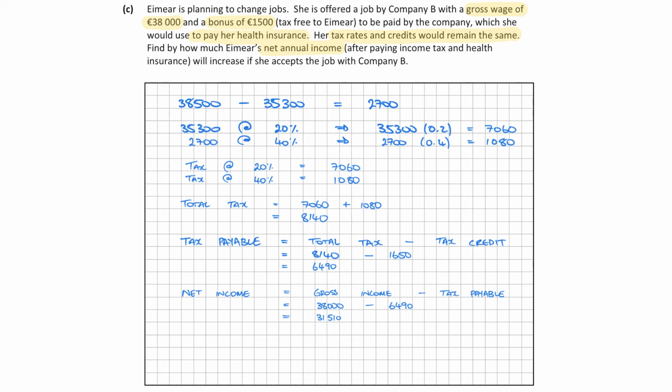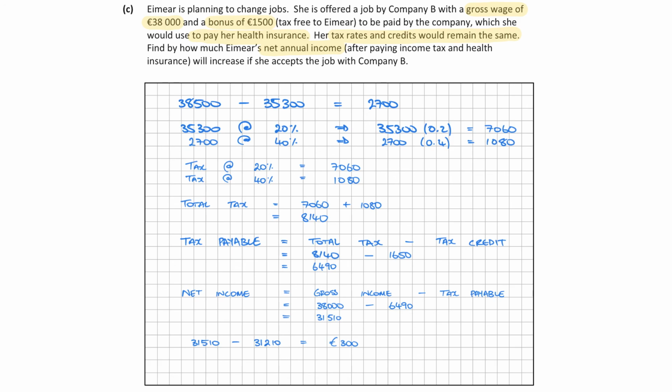So to find the difference between the two companies, I need to take the salary from company B, which was 31,510, and subtract the salary from company A, which is 31,210. So the difference between the two salaries will be equal to €300.